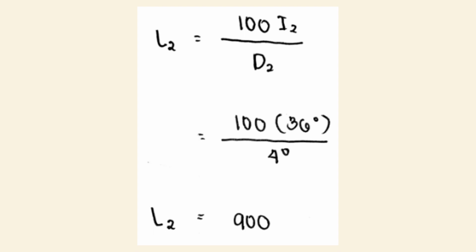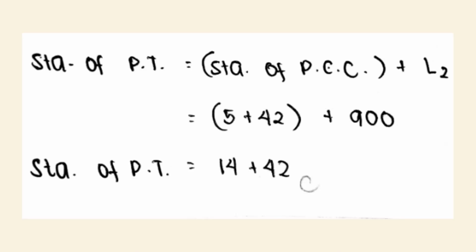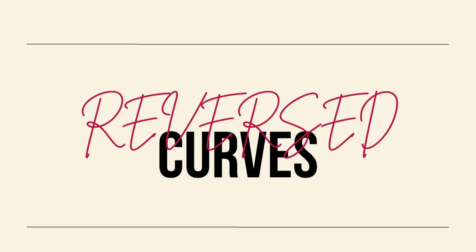Our L sub 2 would result to 900 feet. For the stationing of PT, we simply need to add the stationing of PCC and the value of L sub 2. That is equal to 5 and 42 plus 900 feet. So the stationing of PT is equal to 14 and 42.